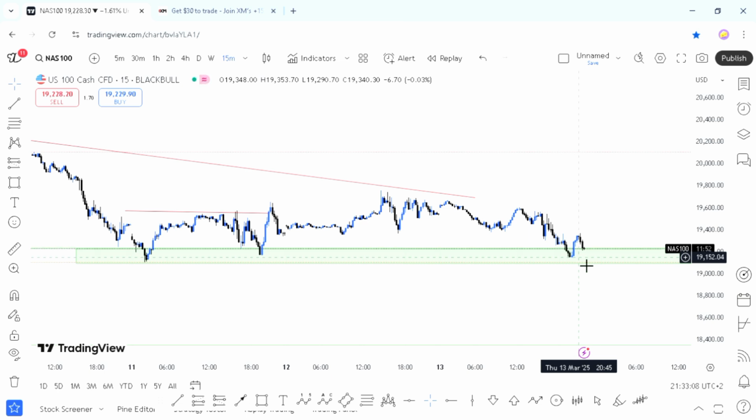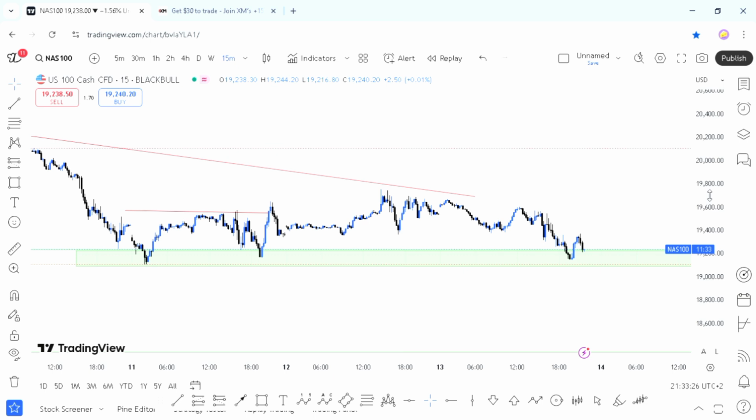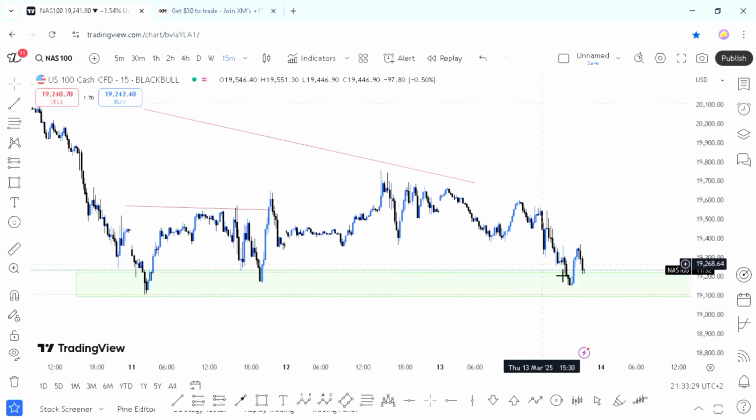Could the market reject there? There are chances that the market can reject there, but what I'll be looking to see on these trades is trading in line with the bigger trend, which is the higher time frame. We saw that on the higher time frame we had an uptrend.